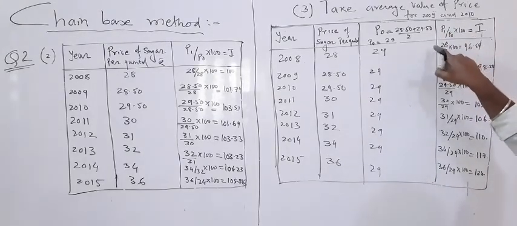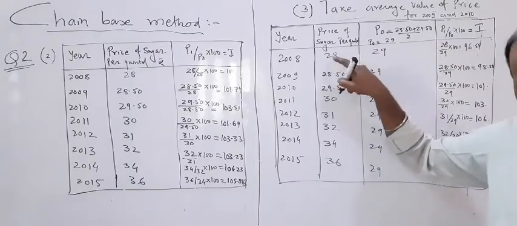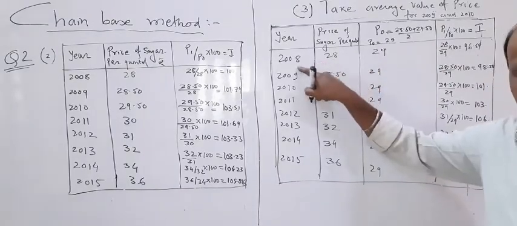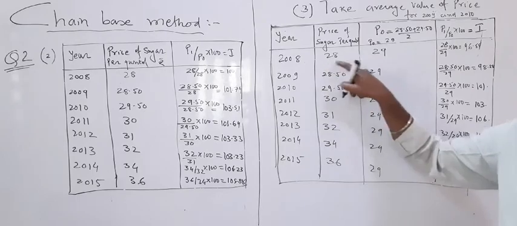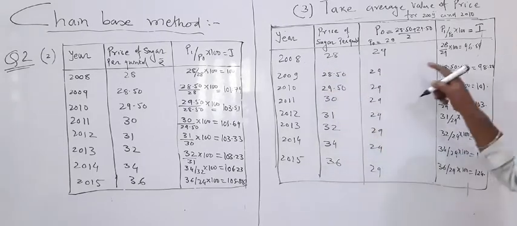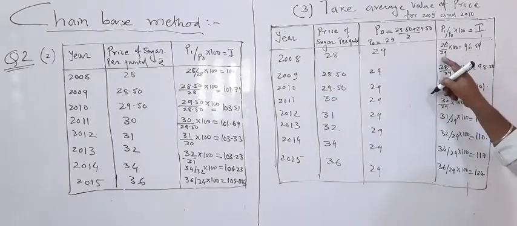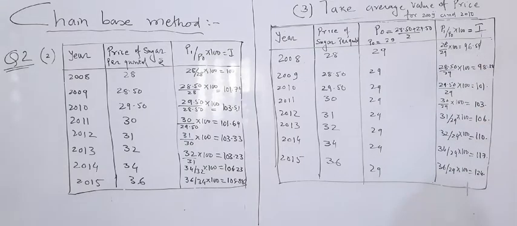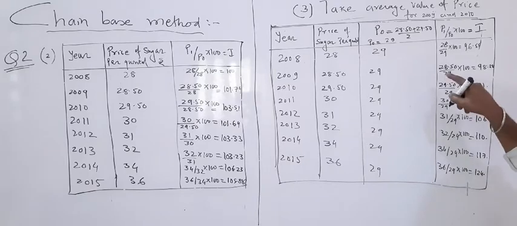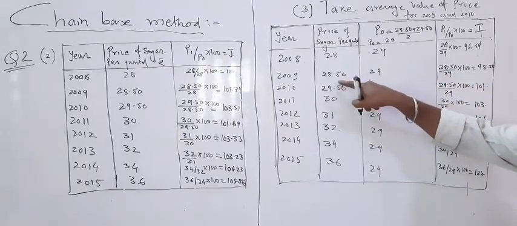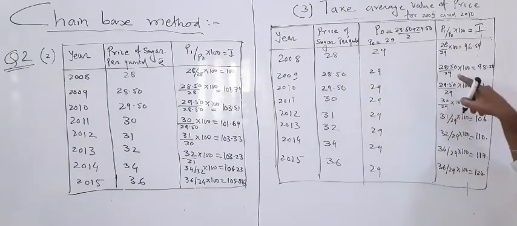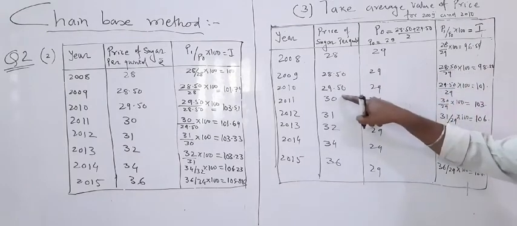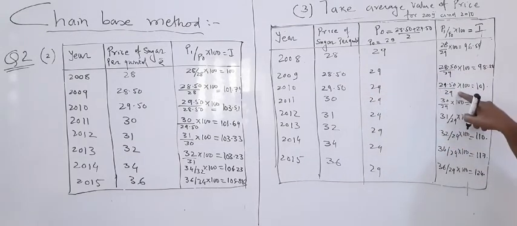So here P1 will be the value of sugar for 2008, that is 28, divided by that average value. So 28 divided by 29 multiplied by 100. The answer will be 96.55. Similarly, the next value 28.50 divided by that average value, then 29.50 divided by that average value.